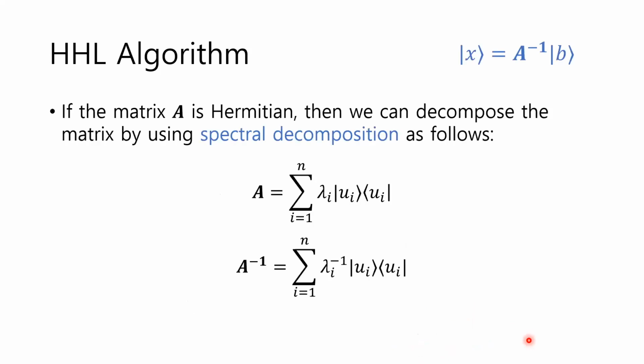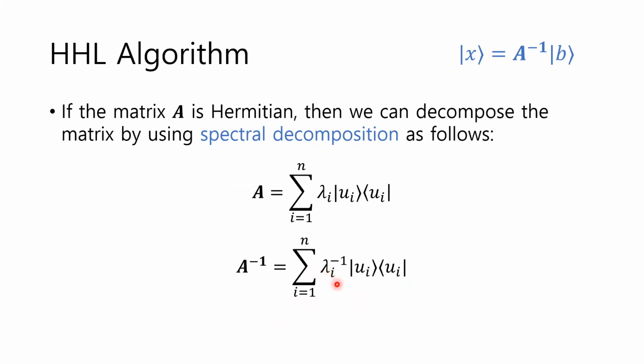Before we see what's going on in the HHL algorithm, we first assume that the matrix A is always Hermitian. Then we can decompose the matrix using spectral decomposition as follows. Due to the property of spectral decomposition, we can easily calculate the inverse of matrix A as follows.